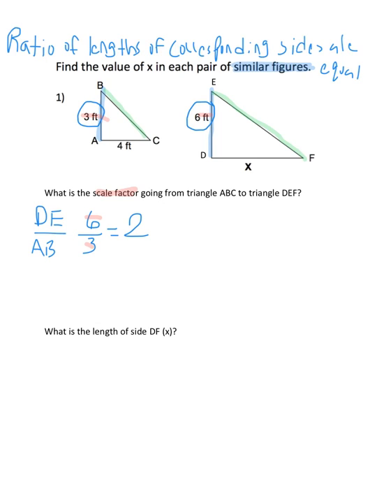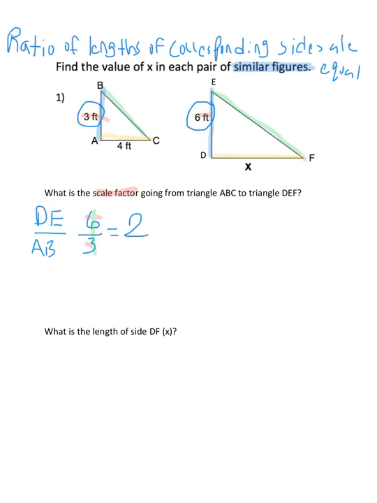The ratios of the lengths of corresponding sides are all equal. Because this ratio simplified to 2, every side of that second triangle, DEF, must be twice as large. That last set of corresponding sides, AC and DF, DF must be twice as large as side AC. That scale factor is constant in this problem. They are similar figures.